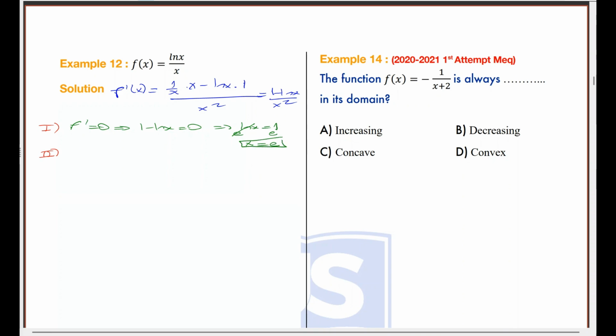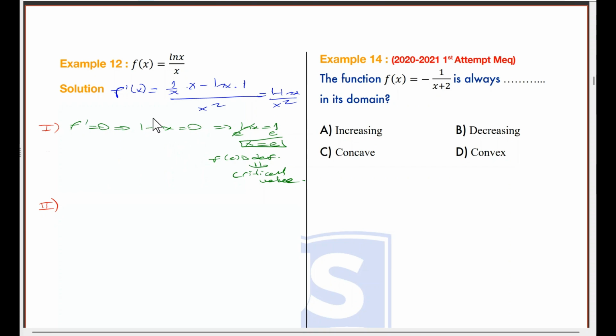This is a critical value because it makes the function defined. F of e is defined, so it is our critical value. What about the second situation? The second situation is the derivative being undefined.